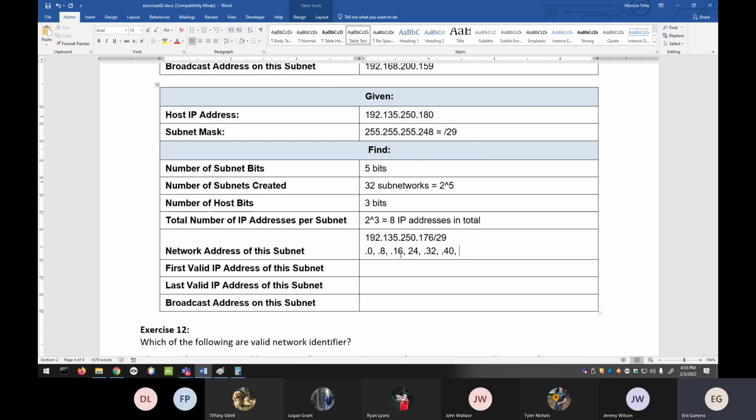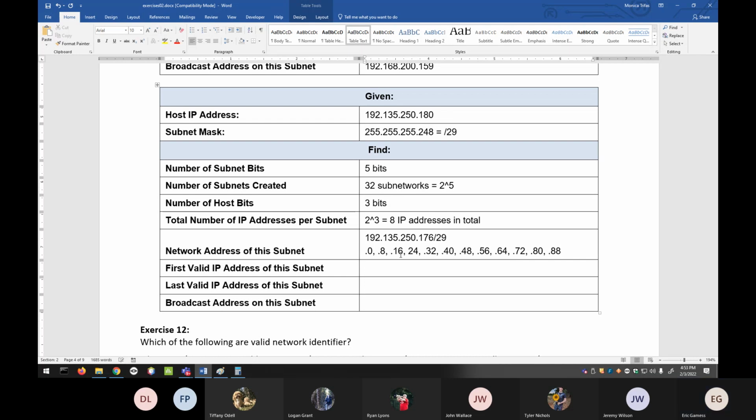After .32, you have .40. Then .48. Then .56. Then .64. Then plus 8 will give me .72, isn't it? Then .80. Then .88.